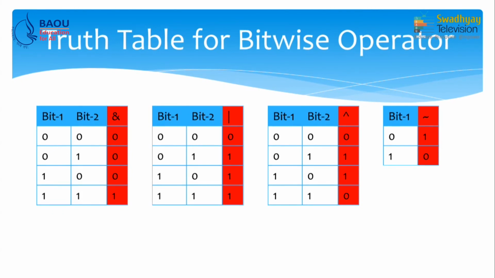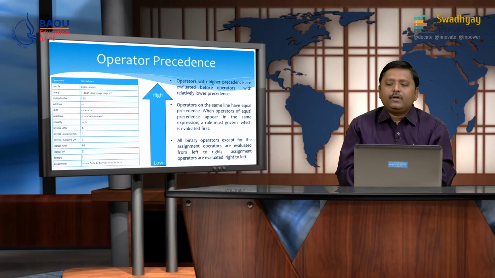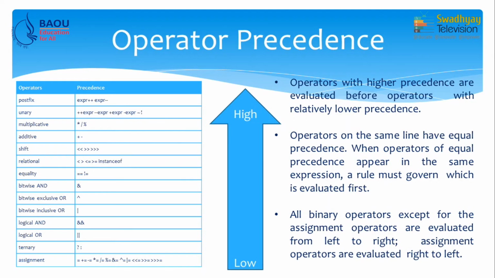Now, we discuss different types of operators. In any expression or formula, we use many operators at a time. So, which operator will be evaluated first? For that, Java defines operator precedence. Operator precedence defines which operator will be evaluated first.